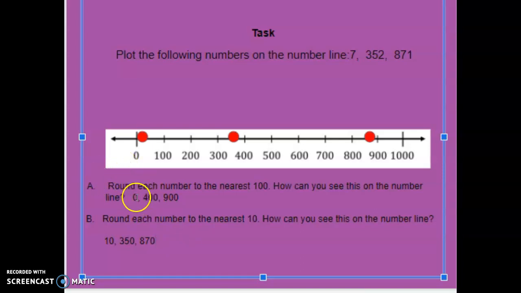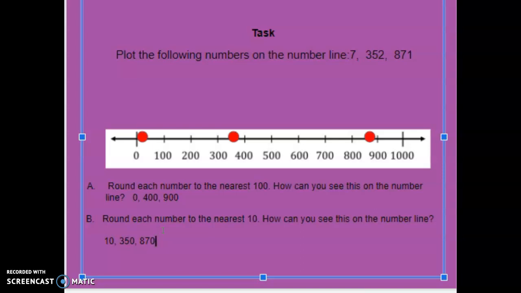So in this one, 7 rounds to 0, 352 rounds to 400, 871 rounds to 900. Which is closer? 10 is what 7 rounded to, 352 rounded to 350, 871 rounded to 870. Which is going to give us the best answer? I hope you said rounding to the nearest 10 gives you the best estimate.